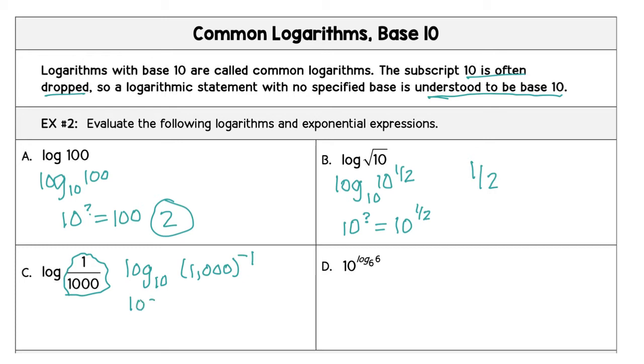What is that really? Well, that's log base 10 times 10 to the 3. It's at 3 zeros, means an exponent of 3, raised to the -1. Well, exponent raised to an exponent, you multiply. So what exponent am I really talking about here? I'm talking about a -3.